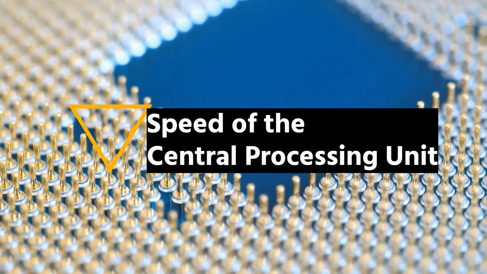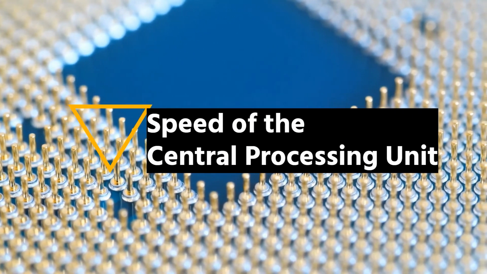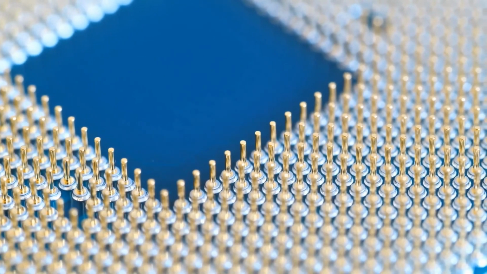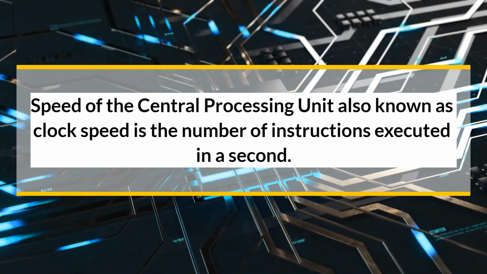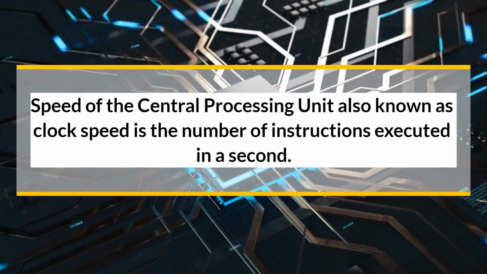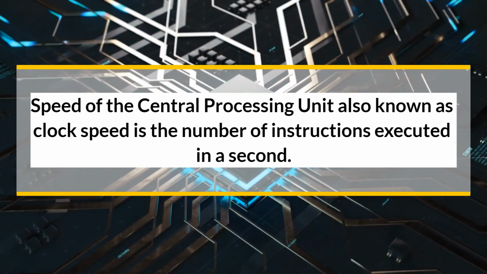Let's learn about the speed of the central processing unit now. Speed of the central processing unit, also known as clock speed, is the number of instructions executed in a second.